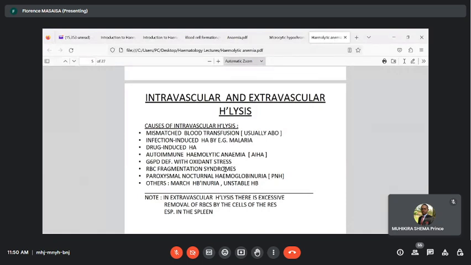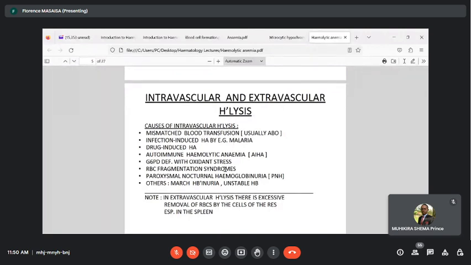It may be drug-induced hemolytic anemia, for example, people getting methyldopa can also have that. We have autoimmune hemolytic anemia. We have G6PD deficiency, which causes oxidant stress. We have red blood cell fragmentation syndrome, but also we have paroxysmal nocturnal hemoglobinuria and others.